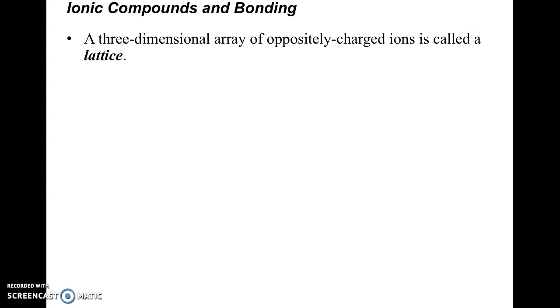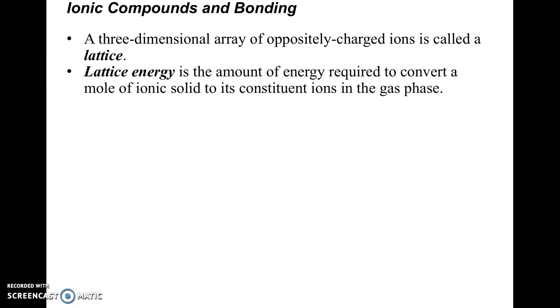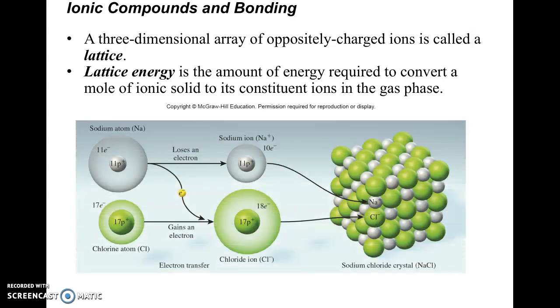However, these things actually exist in a 3-dimensional array, which is called a lattice. And if you've ever looked at salt under a microscope, you know it makes nice little cubes. And the lattice energy is the energy that's released when you put all these cations and anions together. So we have this reaction shown in something of a picture here with the electron off of sodium moving to the chlorine atom.